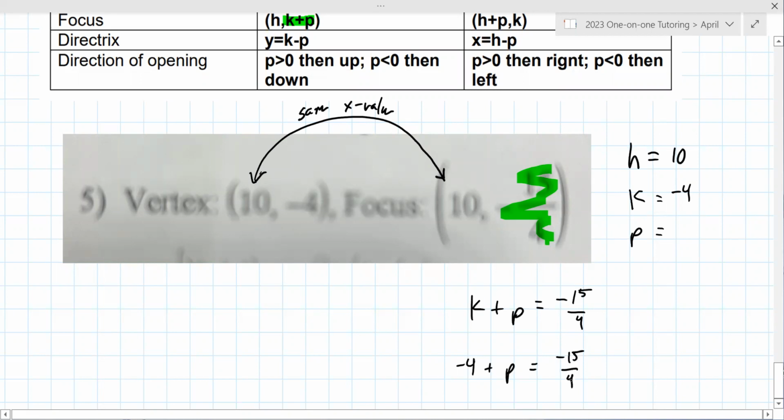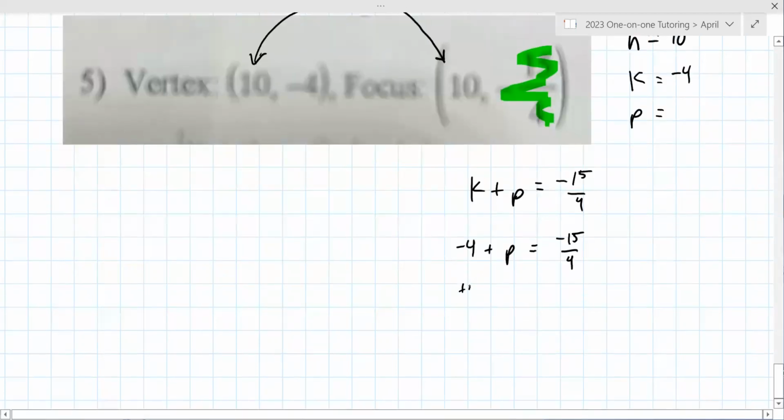Is that okay? So now we just need to solve for P. We're going to add 4 to both sides. So P is equal to minus 15 over 4 plus 16 over 4, which is 1 over 4.